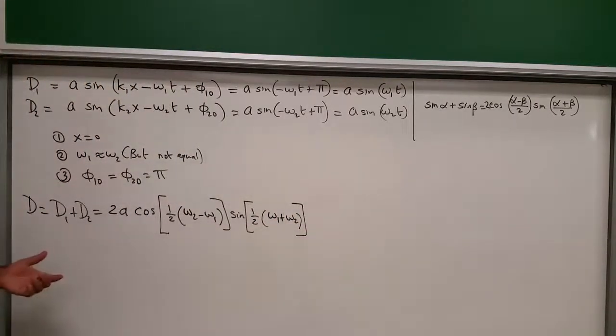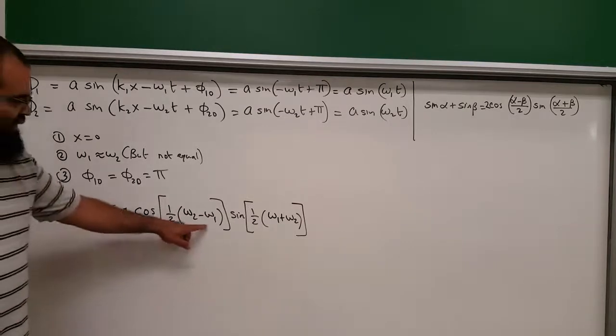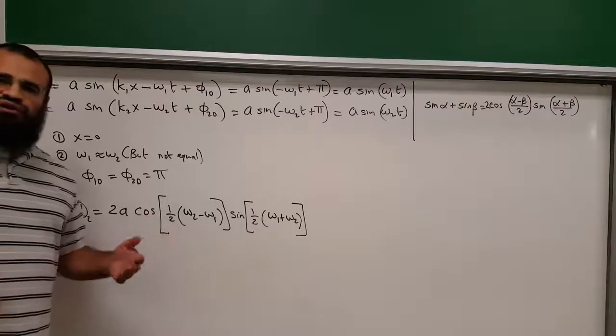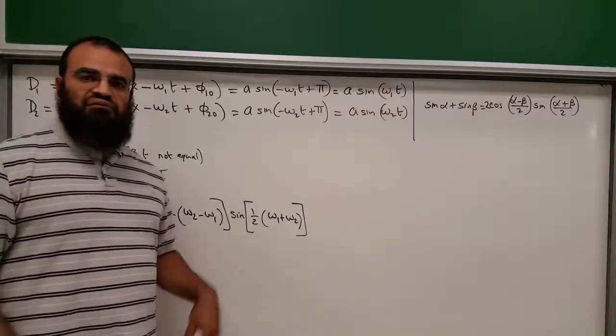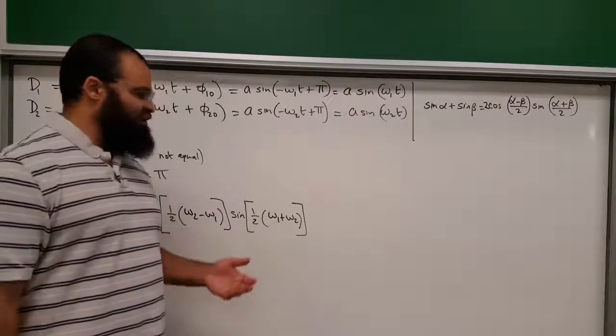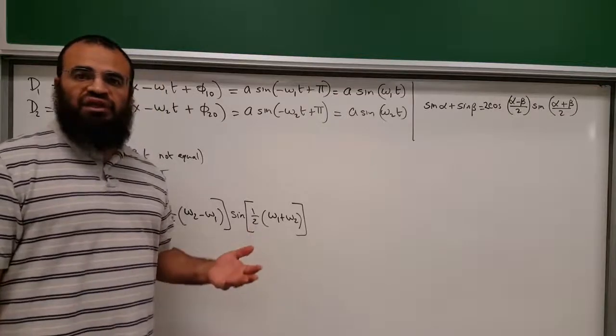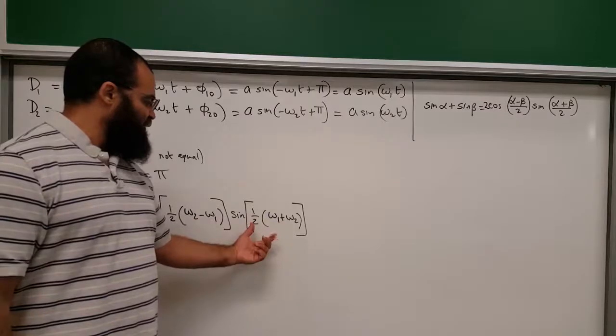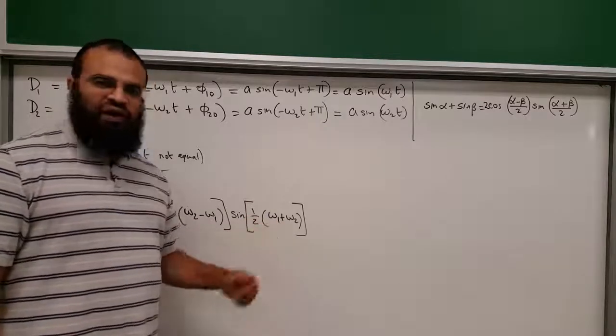Now, you see this here. For example, if you have two speakers, one of them sending sound waves of, let's say, 1,000 hertz, and the other sending sound waves of 1,002 hertz. So omega 1 plus omega 2 divided by 2 will be about 1,000.